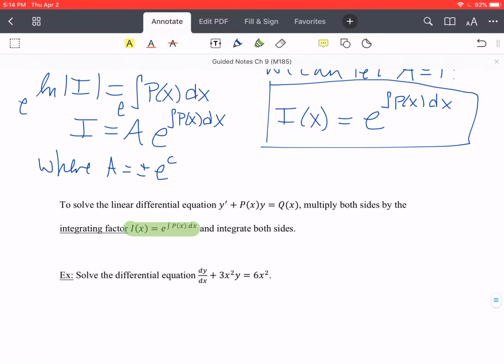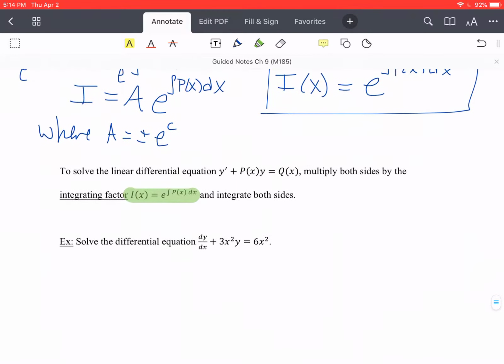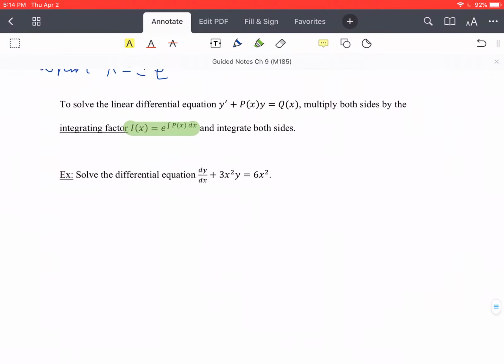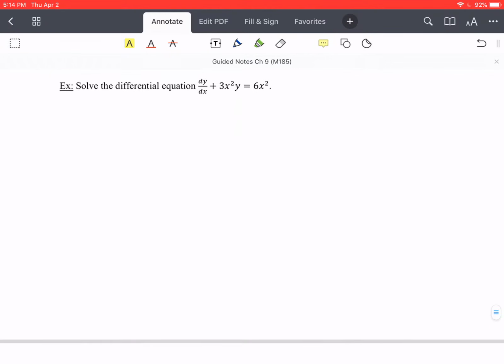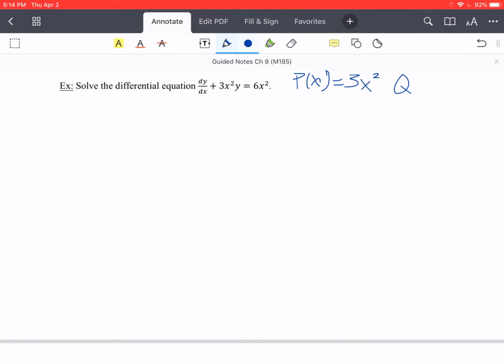Alright, so let's go ahead and start looking at some examples here so you can see kind of how this process is going to go. Okay, so let's solve this differential equation. So let's identify our pieces here first. So p of x, that's going to be 3x squared. Q of x, that's going to be 6x squared.